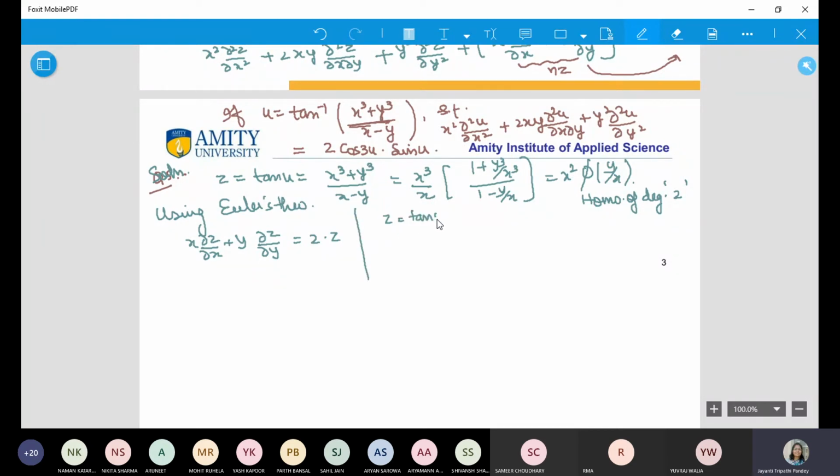is tan u, so ∂z/∂x is x² sec²u ∂u/∂x, and ∂z/∂y similarly. Okay. Now substitute all this here.